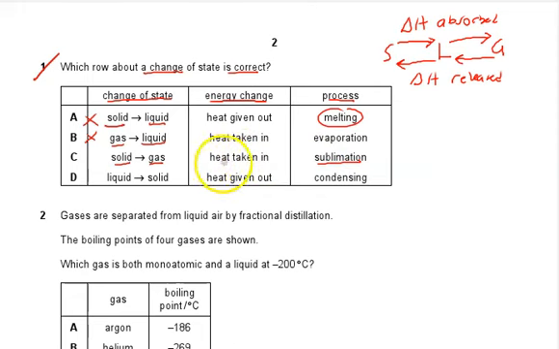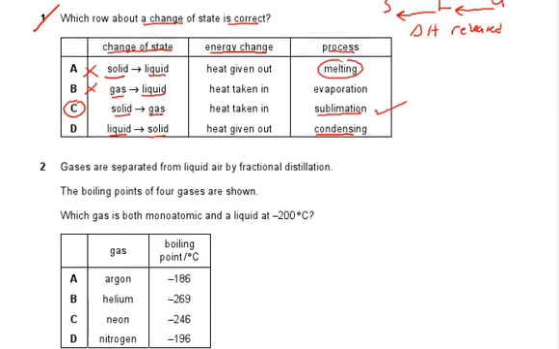Yes, they absorb heat, so this is the most possible answer. And liquid to solid is supposed to be freezing, so this one is condensation, so the best answer here will be C. Okay, now let us look at the next one.